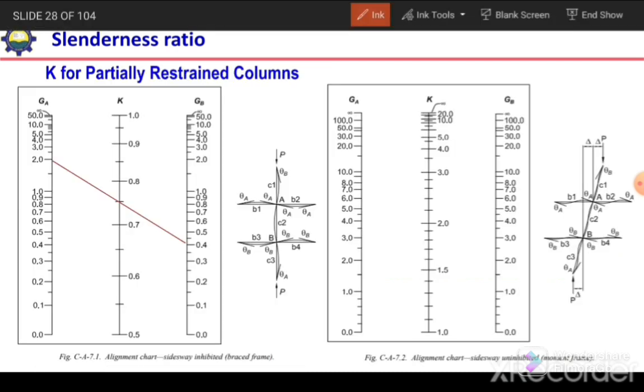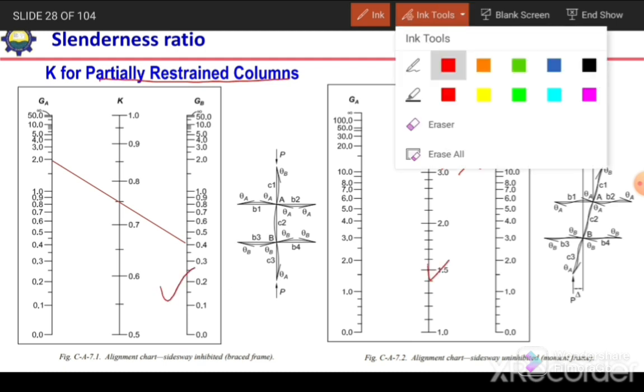So if we have partially restrained columns, meaning at the end the columns are partially restrained, in case of frame structure, we have columns like this. Here we have beams and then beams. So in that case, this point cannot be fully fixed. So there will be partial fixity at this position. So in that case, we need to use these charts to calculate the k value.